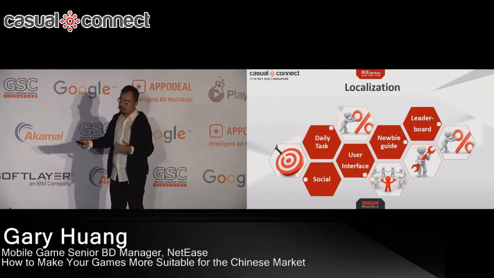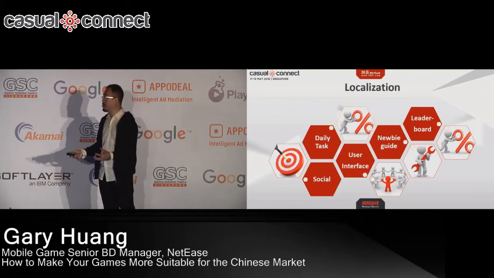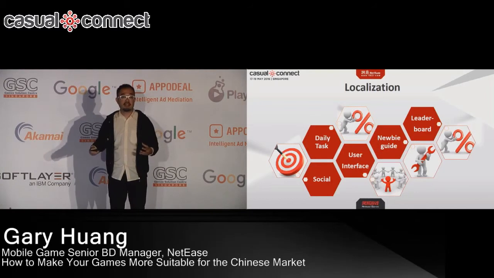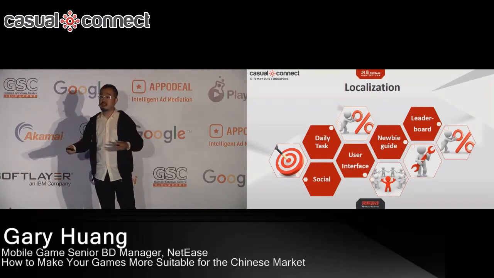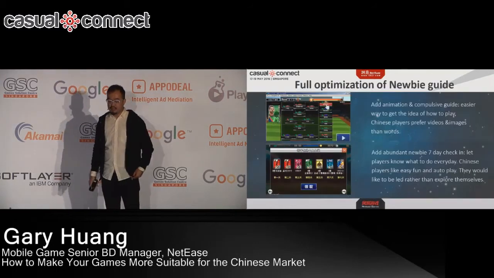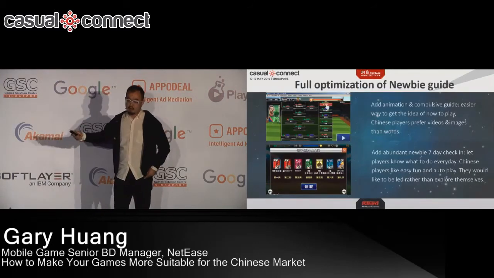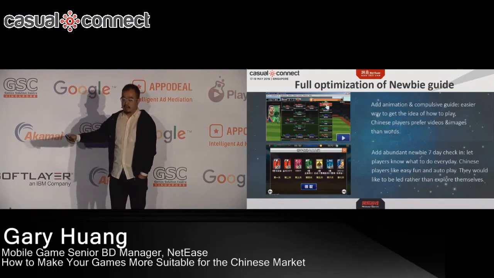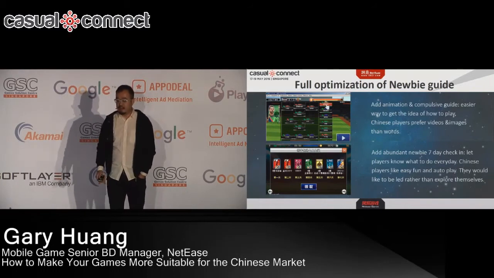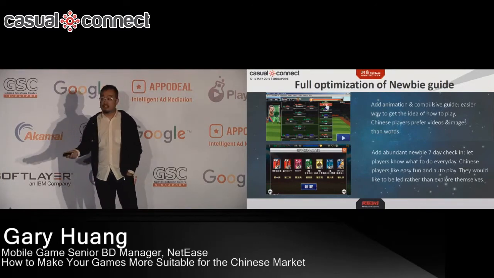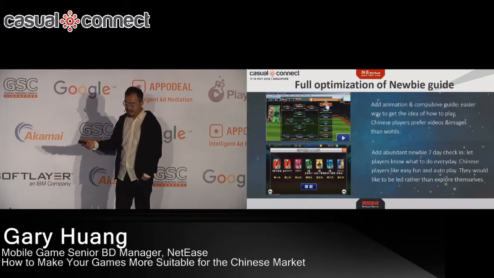You can also add leaderboards, which can create a competition atmosphere inside the game. So with full automation of the newbie guide, we add animation and a composite guide for players. They can experience the gameplay very fast.